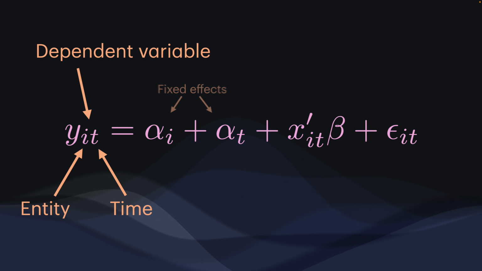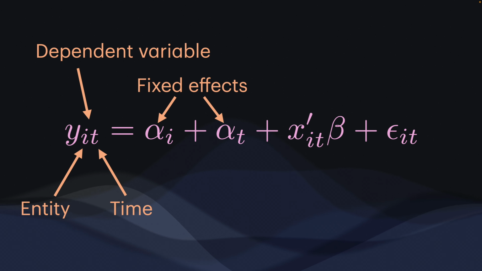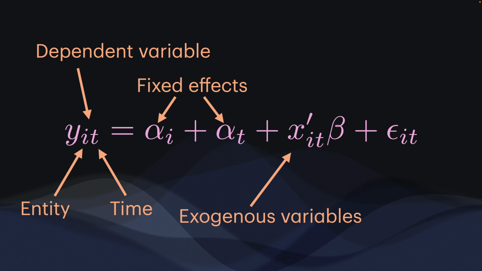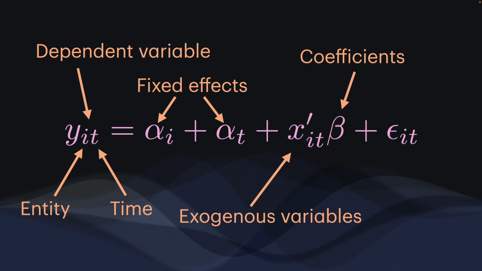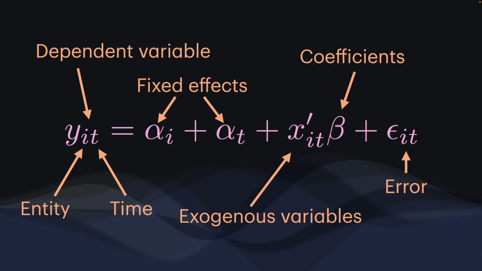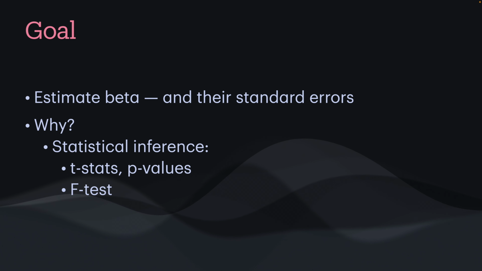Alpha_i is an entity fixed effect, alpha_t is a time fixed effect. x_it is a vector of independent variables, beta is a vector of coefficients, and epsilon_it is the error term. The goal is then to estimate the vector of coefficients beta, our estimators, and their associated standard errors.